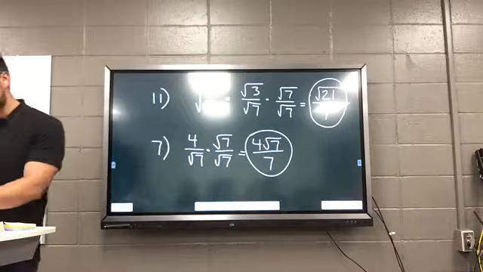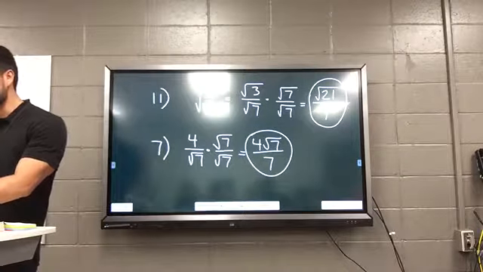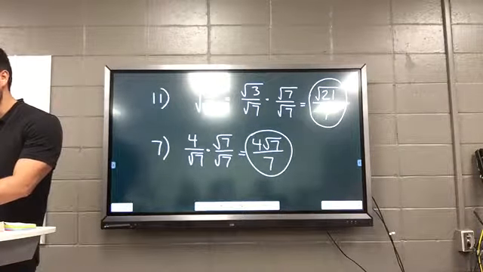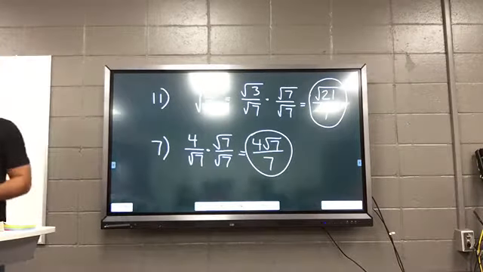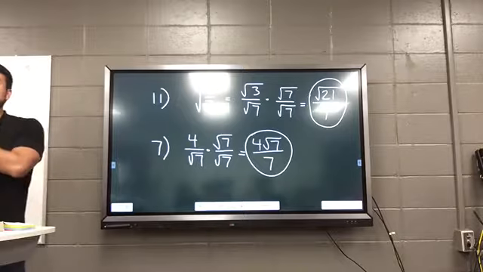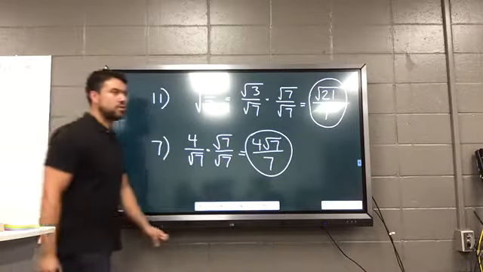Okay. Then you get problems, and I want to start throwing some things at you a little bit more difficult. Number 12. You have two radicals being multiplied, and let's see if you guys can handle this one.